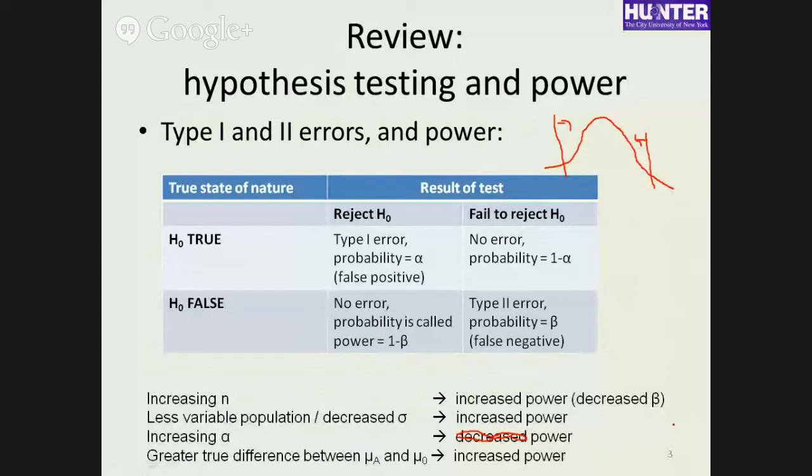So you reject more often. Whether or not your null hypothesis is true or false, your probability of rejecting increases as you increase alpha. So your probability of rejecting H0 when H0 is false also increases.